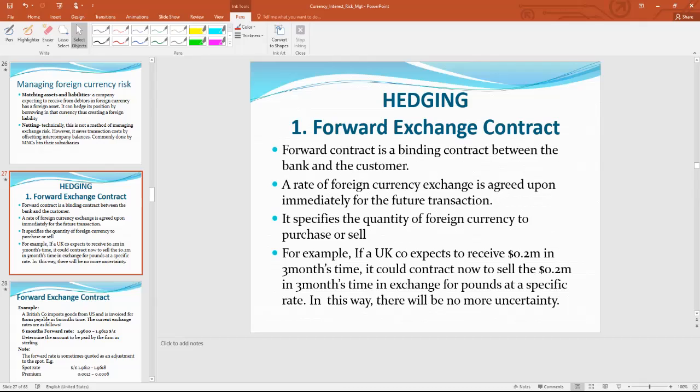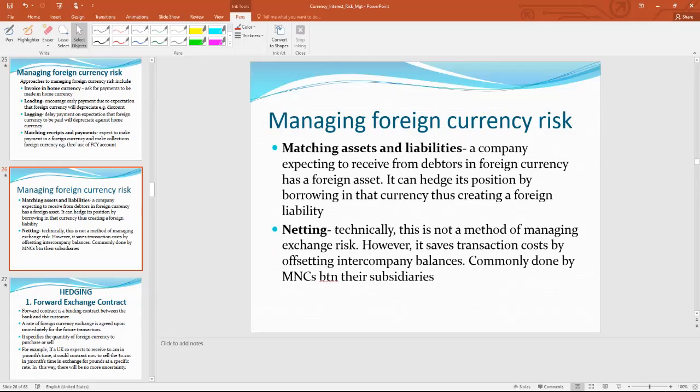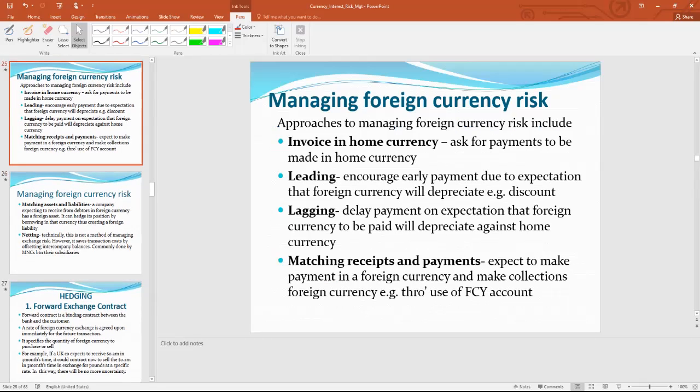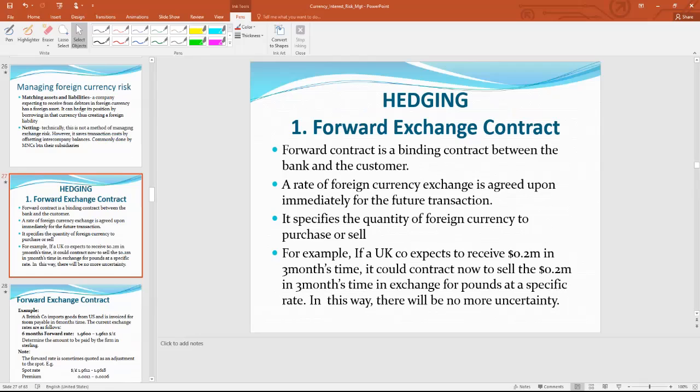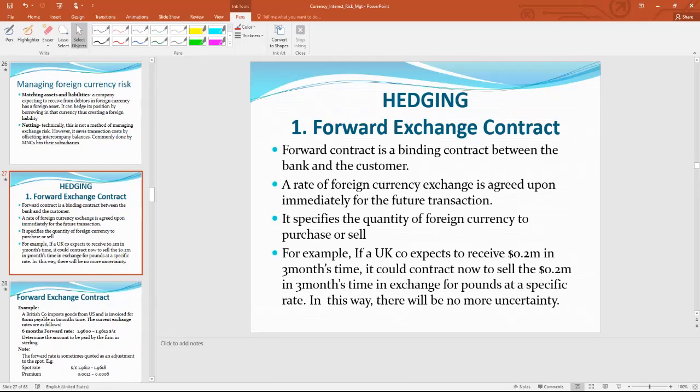Don't forget, with matching and netting there is no contract and no binding obligation you need to have. But hedging techniques are contracts which are going to be binding on the two of you. So here is where we shall start tomorrow. We discuss the forward, the money market hedge, the future, the swaptions. So let's pick up from here tomorrow.